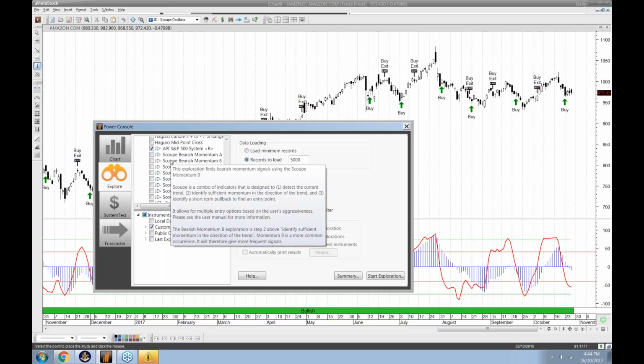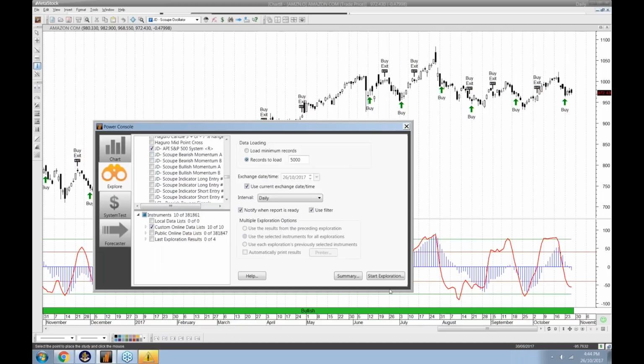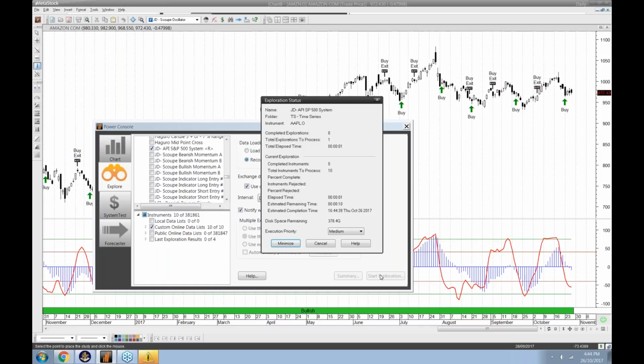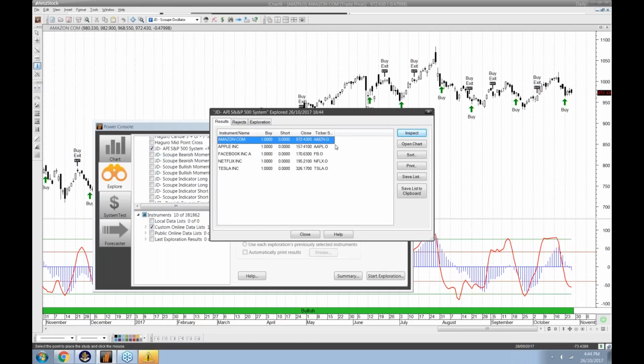You can search automatically through hundreds of stocks for all those patterns. But we'll just run the exploration here on a little package of 10 stocks, and it'll give you a report. It'll say, okay, these are the stocks that today, out of my 10, are on buy signals.